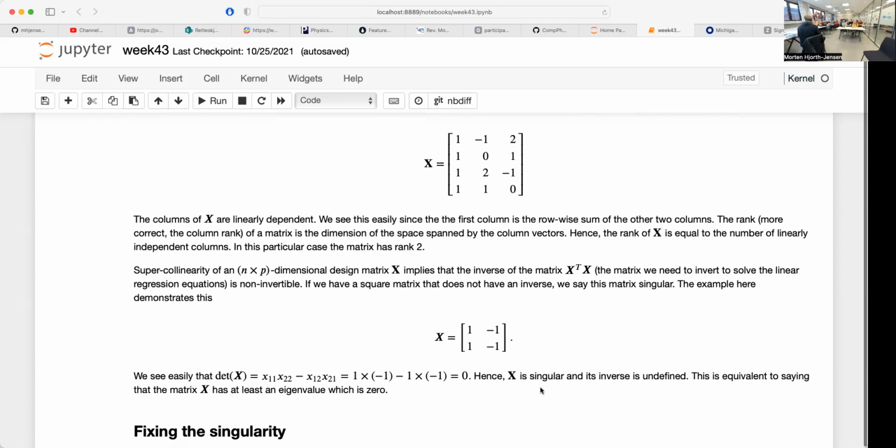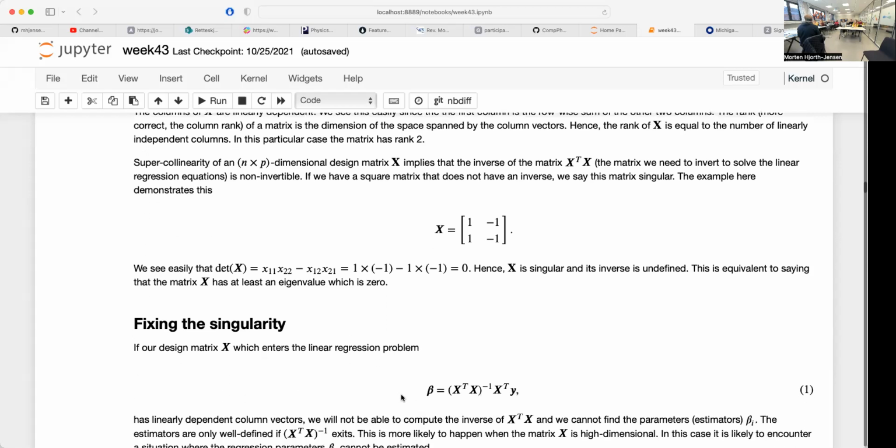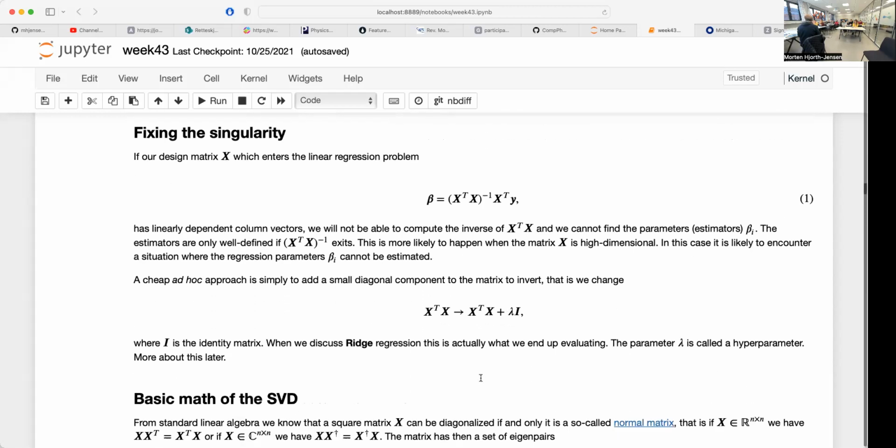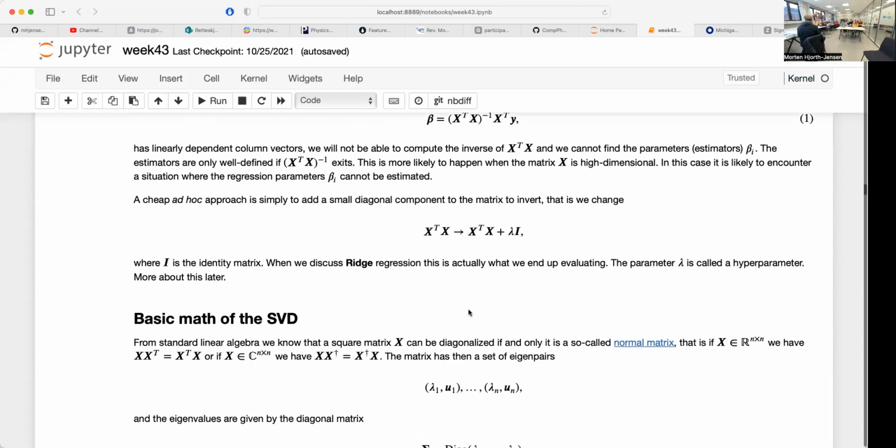It is equivalent to say that the matrix has at least one eigenvalue which is 0. Now you can fix this singularity by just adding this lambda. That's a cheap trick, and many people did that. When we discuss ridge, that's actually the case.